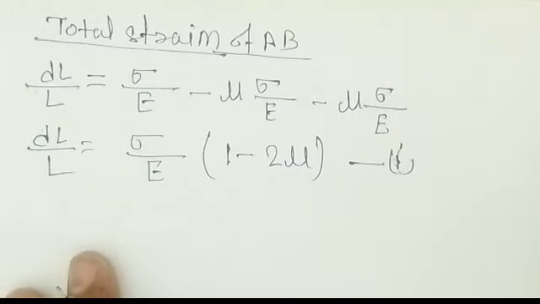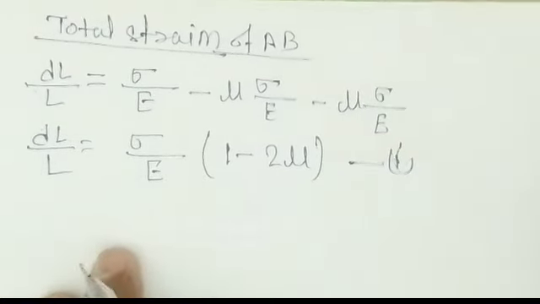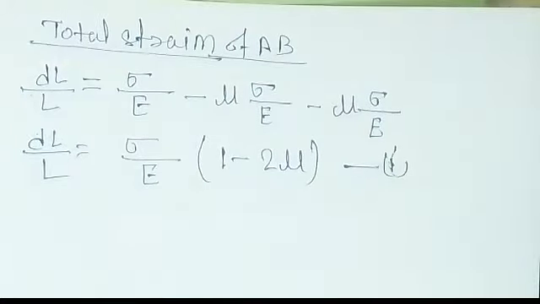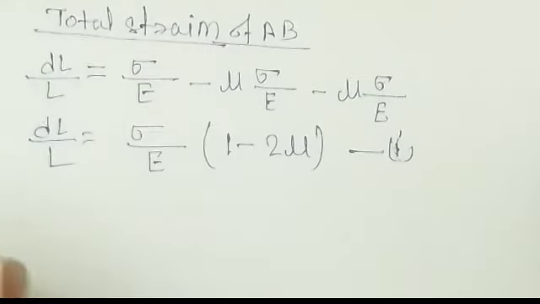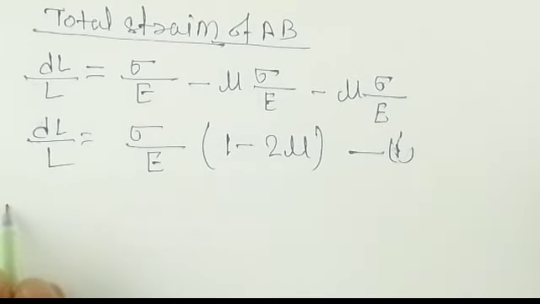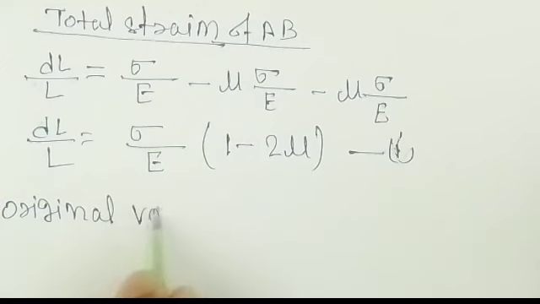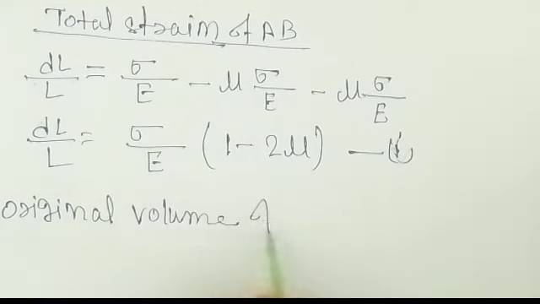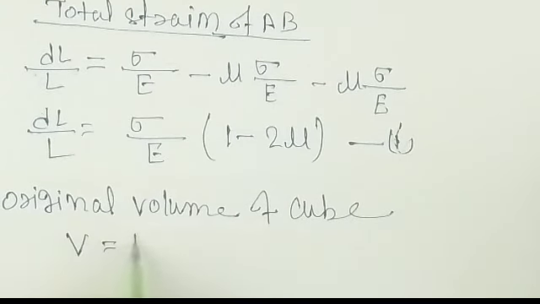This is equation 1. Now we have to consider the original volume of the cube is V, and volume is what? The side cube. So V is equal to L cube. So the original volume of cube is V is equal to L cube, right? This is equation 2, right?